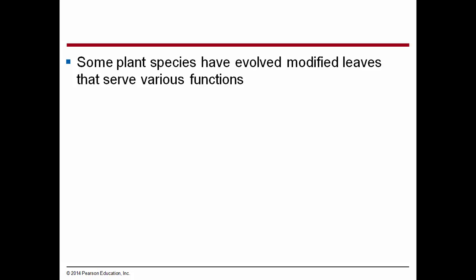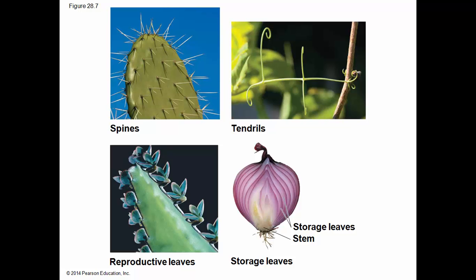Some plant species have evolved modified leaves that serve various functions. Everything we see here is a modified leaf: the spines of a cactus, the tendrils of a grapevine, the reproductive leaves of a kalanchoe, a certain type of succulent plant, and the storage leaves of the onion.